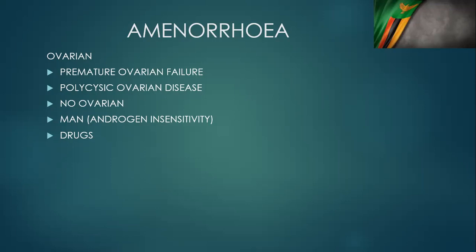You have an XY person, and they have a testis, but the tissues fail to respond to testosterone. So they develop a vulva and a vagina instead of a penis and scrotum. So when you look at them, you think that it's a female when it's actually a male. So that's what androgen insensitivity syndrome is.